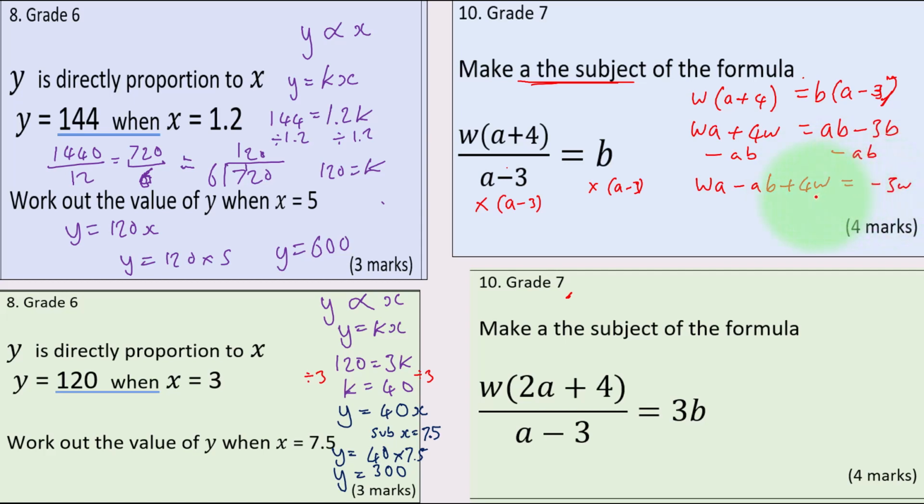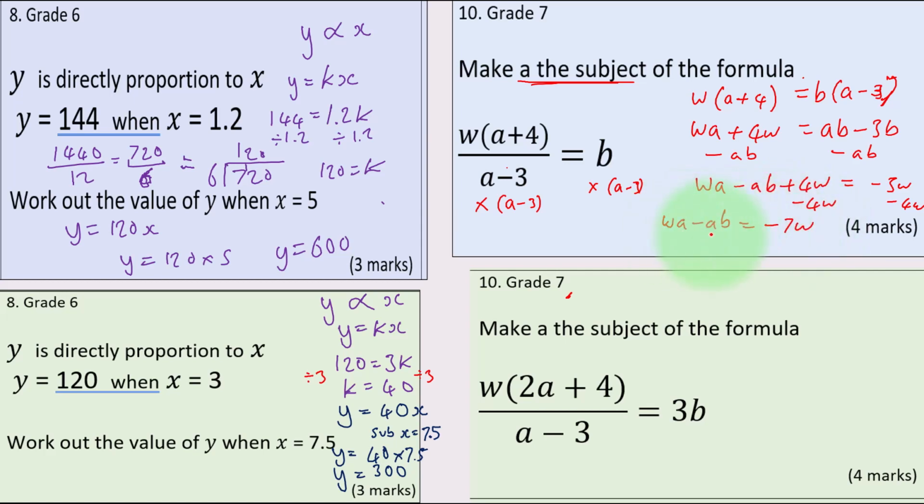Now we want a on one side, so we're going to minus 4w on both sides as well. So we're going to get rid of this 4w, minus 4w, minus 4w. Now what we get then is wa minus ab equals minus 7w.